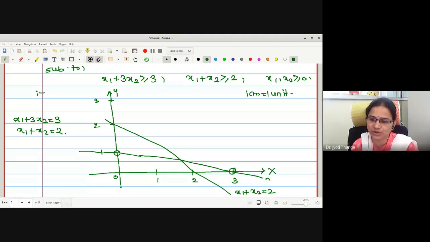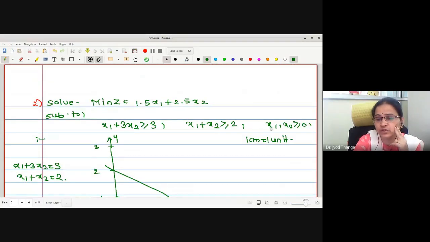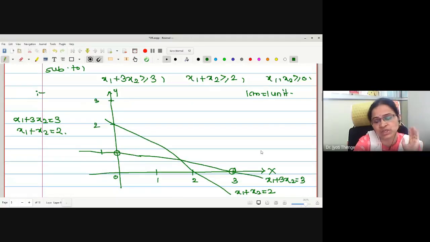Next, the condition x1, x2 greater than or equal to 0 means that we should deal with the first quadrant only. Now, as both the inequalities are of the greater-than-or-equal type, one has to select the region above both the lines.